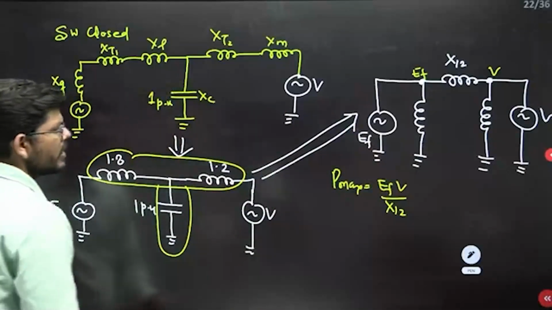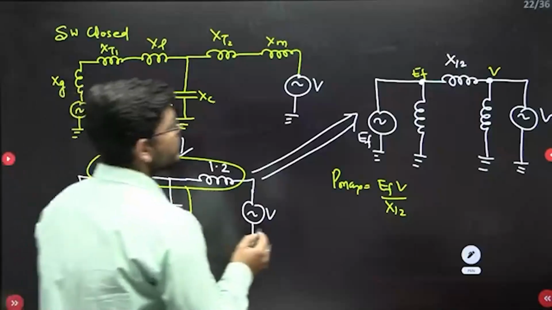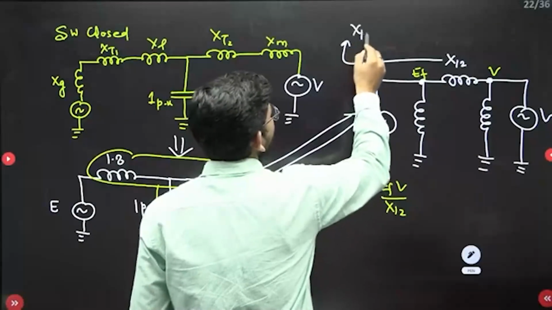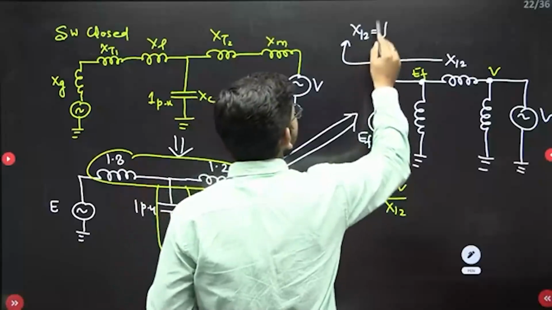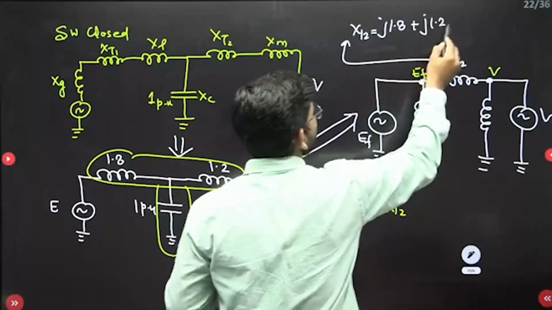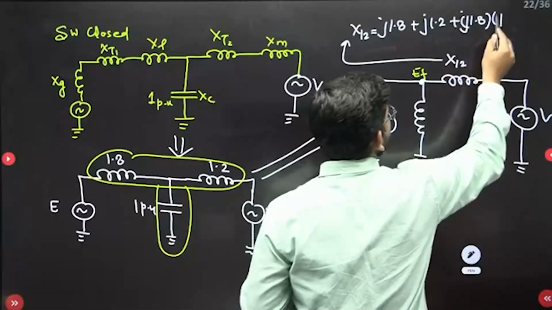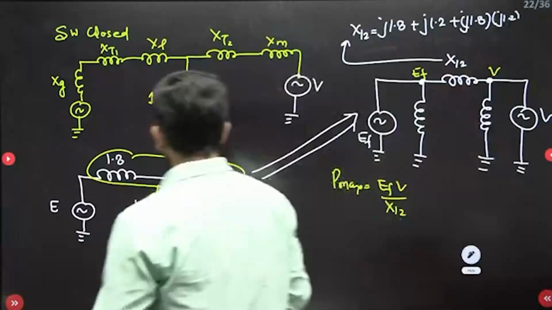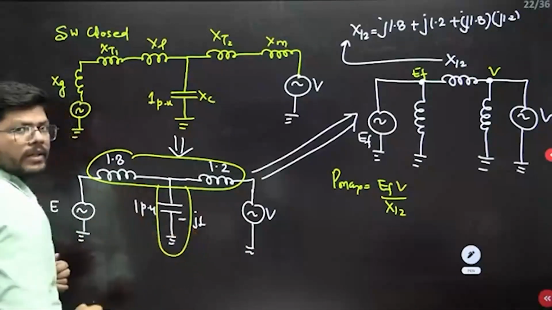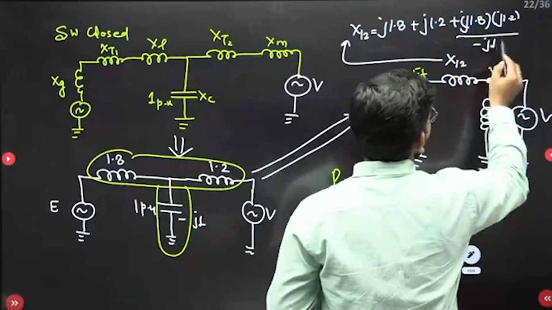And how will we calculate this reactance? The X12 value will be j1.8 plus j1.2 plus j1.8 into j1.2, divided by the capacitance, so you write minus j1, divided by minus j1.